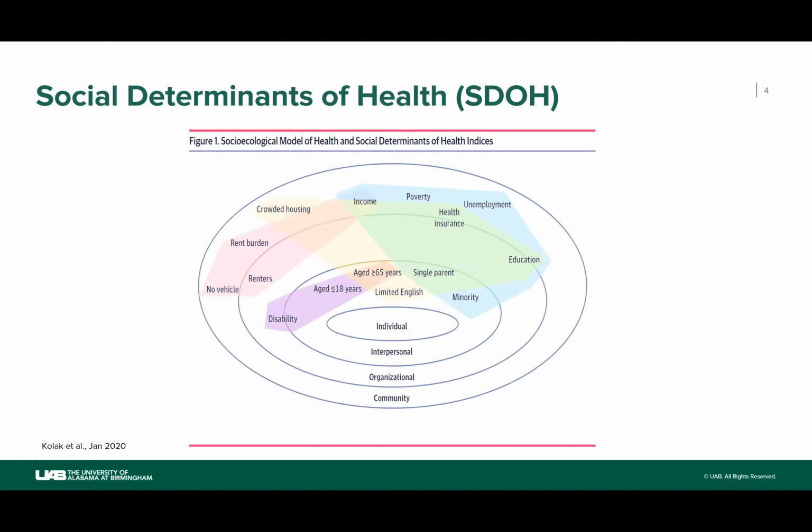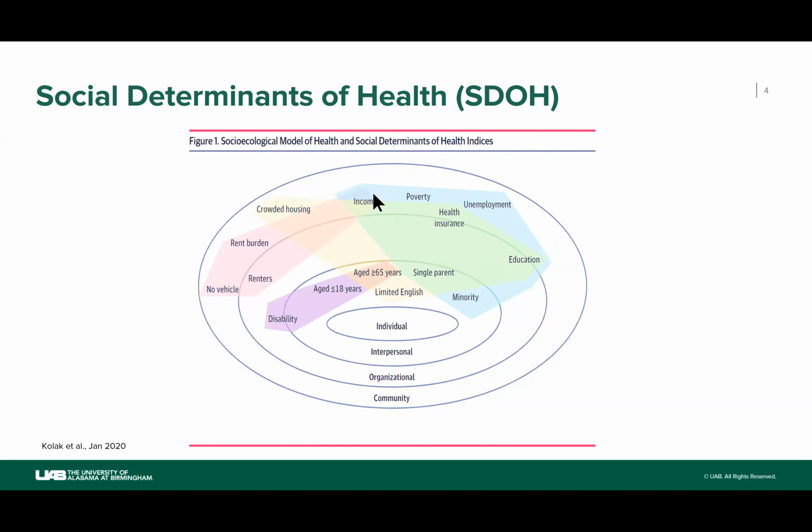The social determinants of health paper by Kolak et al. was focused on the socio-ecological model of health and social determinant indices. They primarily used 15 census data variables that are just listed here. They tried to understand how they can be grouped into some contextual indices, and they came up with 4 different principal components which would explain the complexity of the 15 variables.